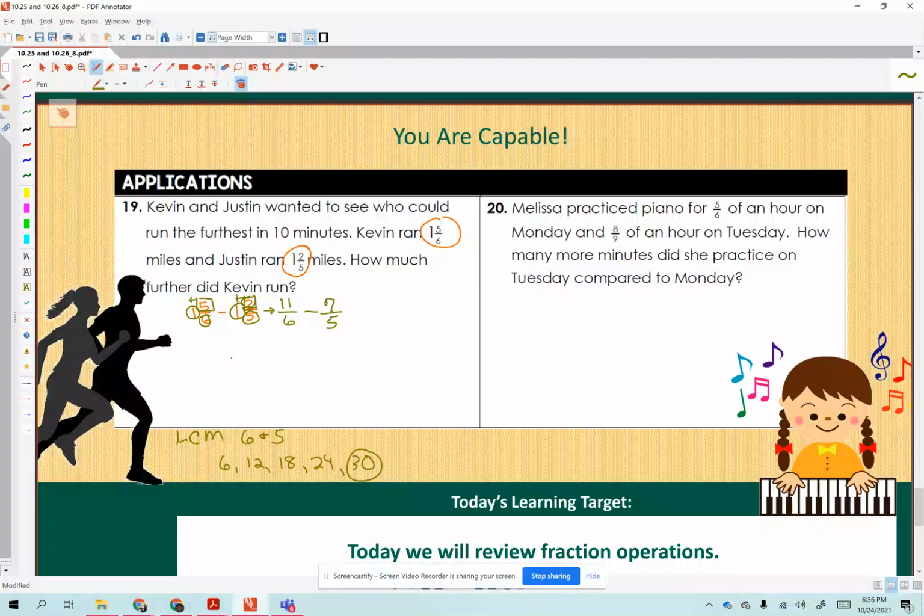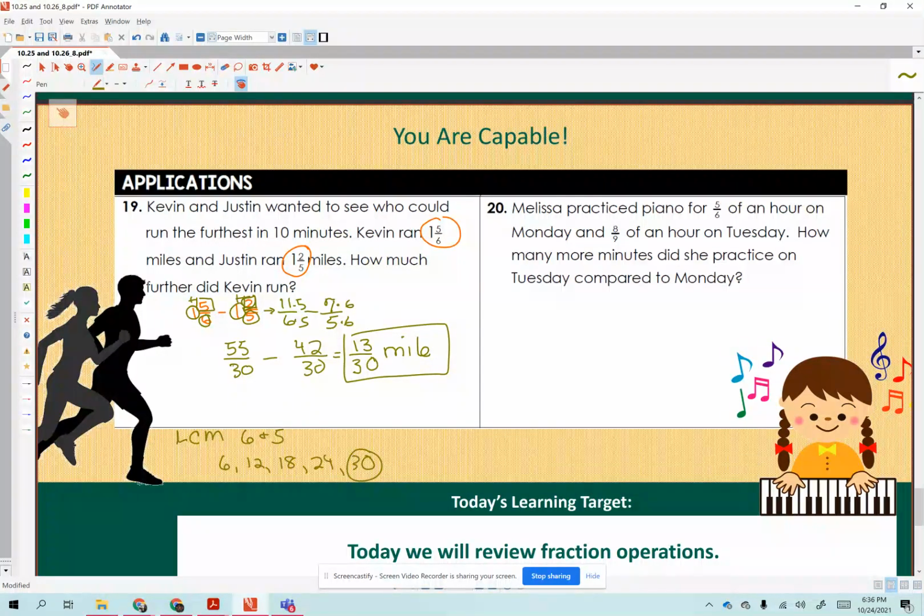So that would be 6 times 5 is 30, 11 times 5 is 55, 5 times 6 is 30, 7 times 6 is 42. So 55 minus 42 is 13 thirtieths of a mile. So Kevin ran 13 thirtieths of a mile farther.